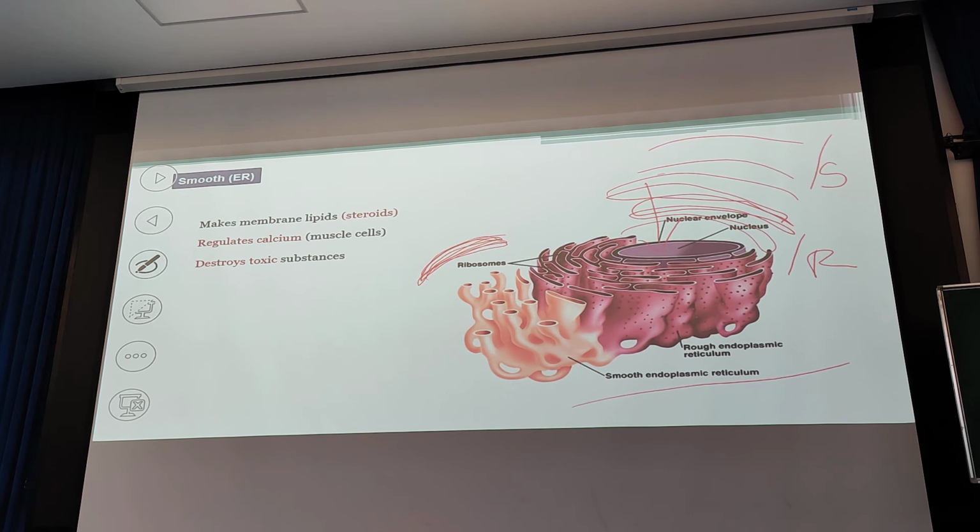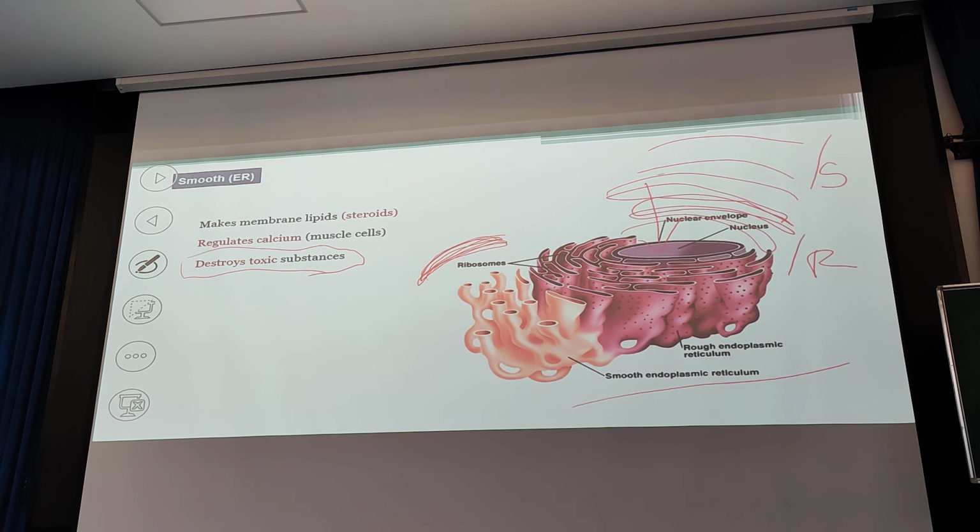So inside our body there is one organ that plays an important role in detoxifying toxic compounds. And it's not only toxic compounds; sometimes when you take some drugs, the very important process happens in the liver. You see that the function of the smooth ER is to destroy toxic substances.